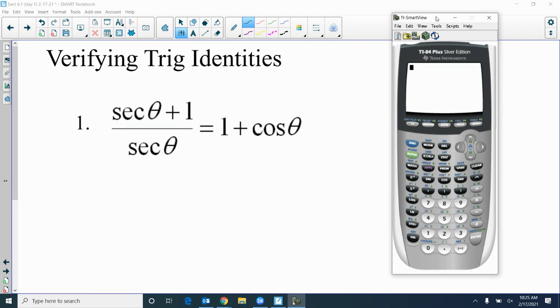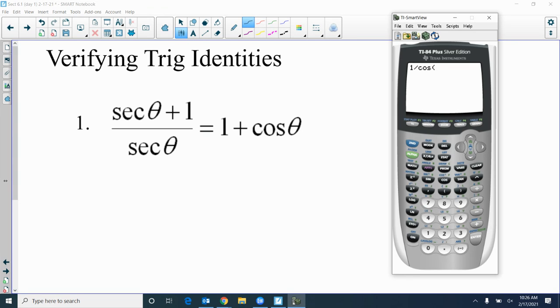Now, when you're verifying some trig identity, if it is an identity, that means every answer works for it. And we just have to break it down to get the left side equal to the right side. So if you want to test it, what you could do is say secant of an angle, which would be 1 divided by, let's pick any angle. Give me an angle. 30 degrees, that's a good angle.